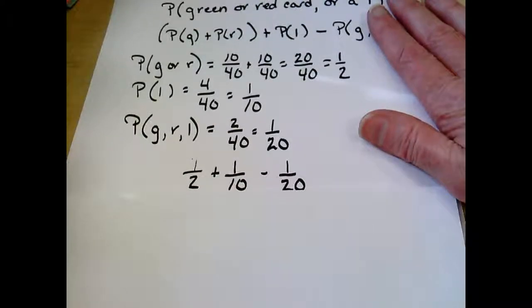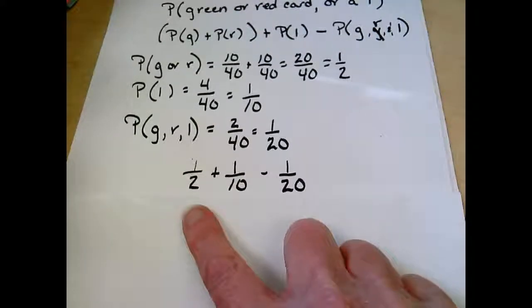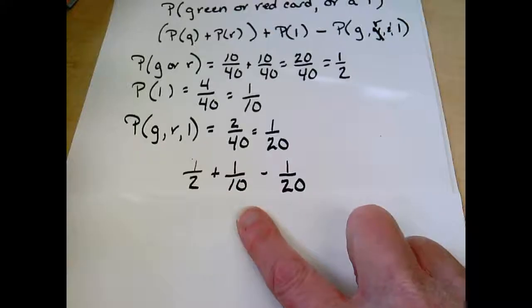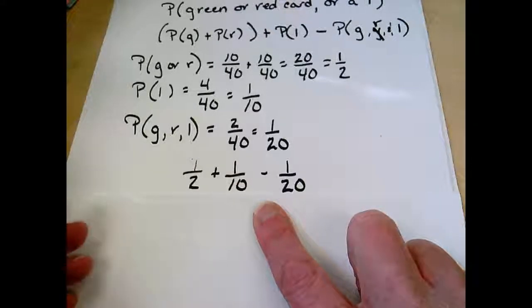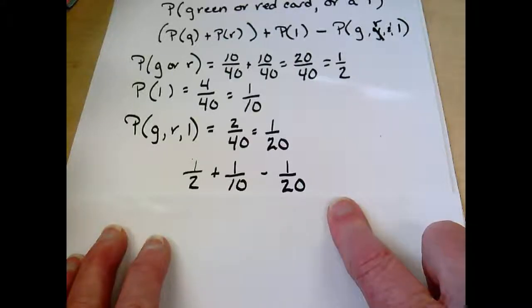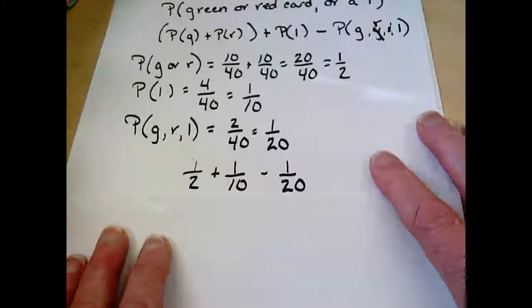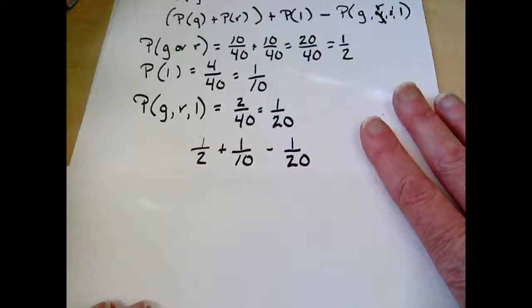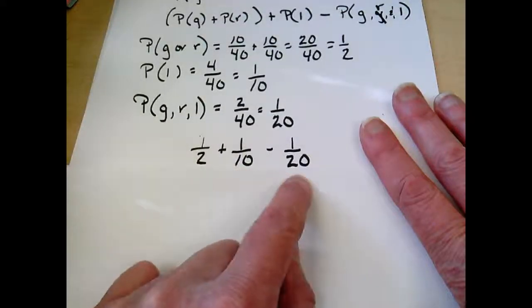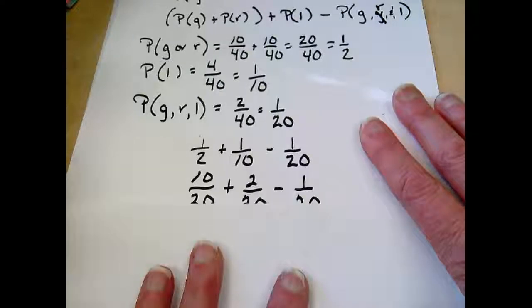add those events together of the 1/2 plus 1/10, but that overlap of the 1s in the greens and the reds is what we would subtract off. So I left it simplified because then I can go back over that when you add fractions, you always need your common denominator.